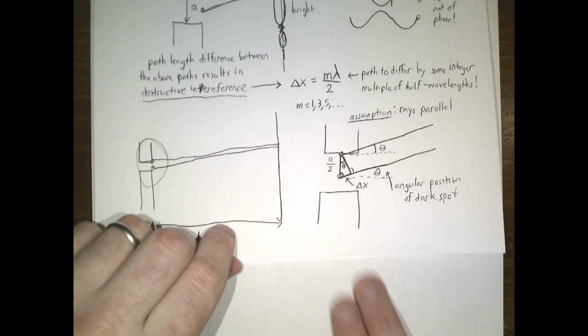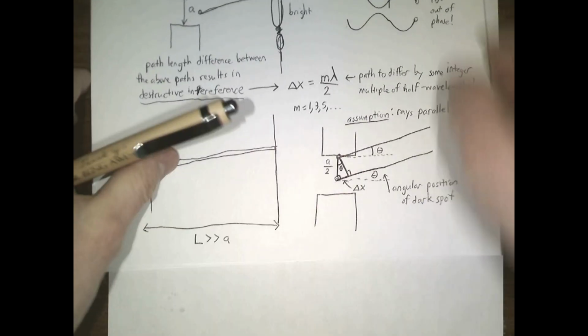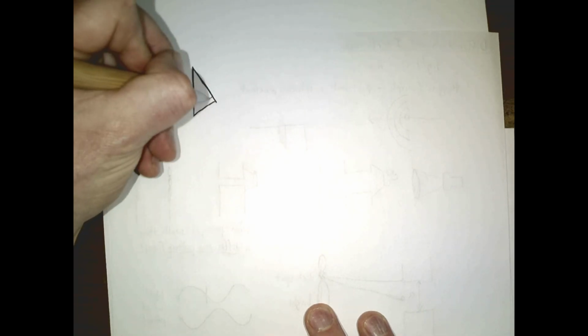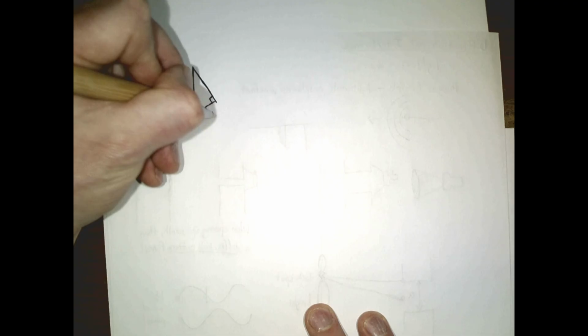I drew this all very, very small, so let's blow it up a little bit and examine exactly what this is going to tell us. So again, vertical line, a over 2. We have a line representing a perpendicular line between our two light rays, which makes a right angle with this bottom line representing our path difference.